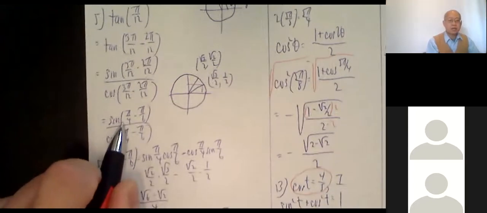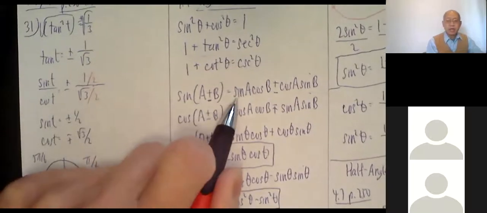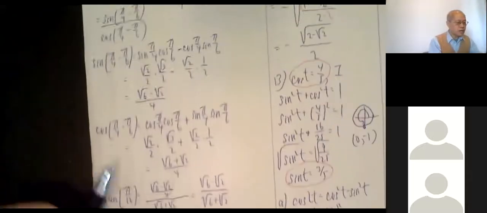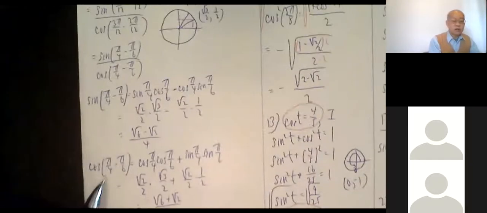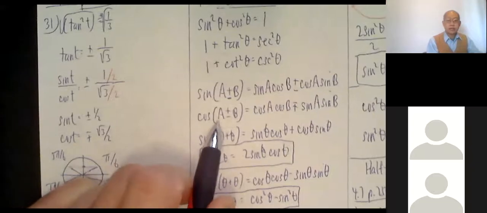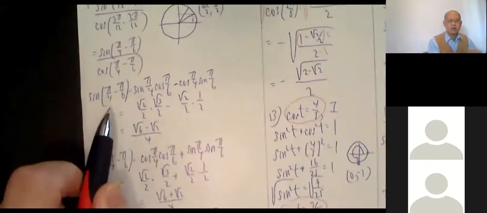So you have the sine of a difference, sine of something minus something. That's the bottom one here: sine A cosine B minus cosine A sine B. And then I also have cosine of a difference. So that's cosine of A minus B: cosine A cosine B plus sine A sine B. Okay, so plug those in here.